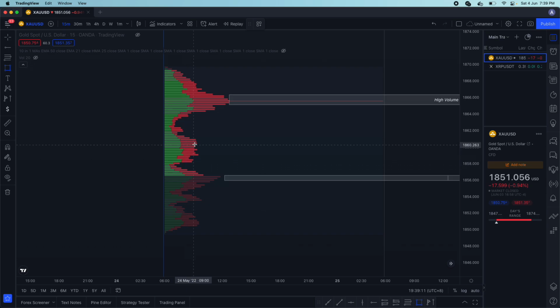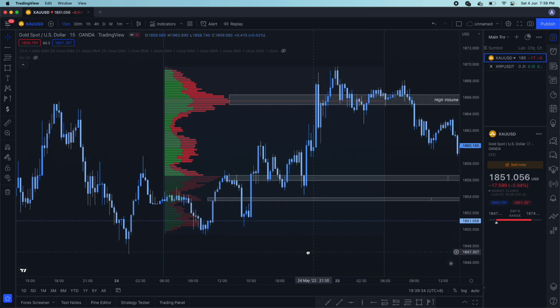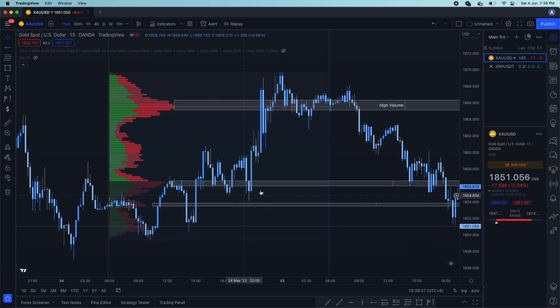And this node, just keep an eye on these nodes, like this area. But if you highlight too many levels, then your charting area will get too polluted. So enable the candles, go through it again and see some obvious levels.